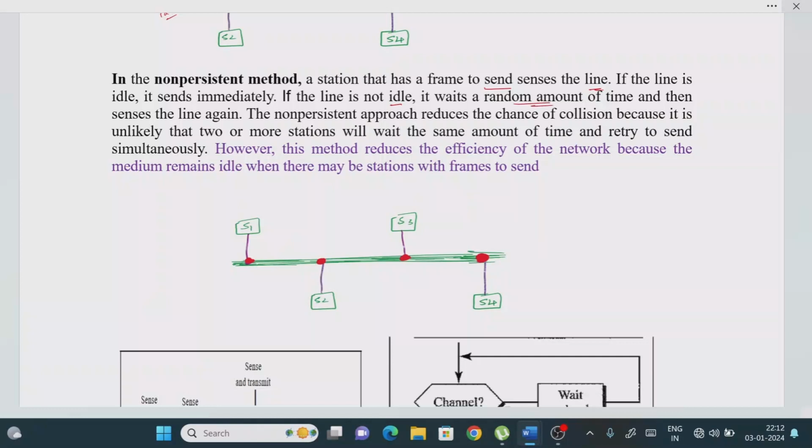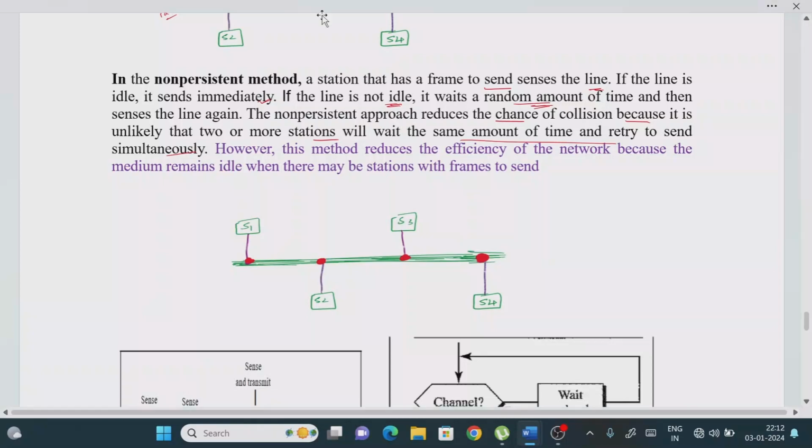Remember, if the line is idle, it will send the frame, but if the channel is not idle, it waits a random amount of time and then senses the line again. So the non-persistent approach reduces the chance of collision, because it is unlikely that two or more stations will wait the same amount of time and retry to send simultaneously.